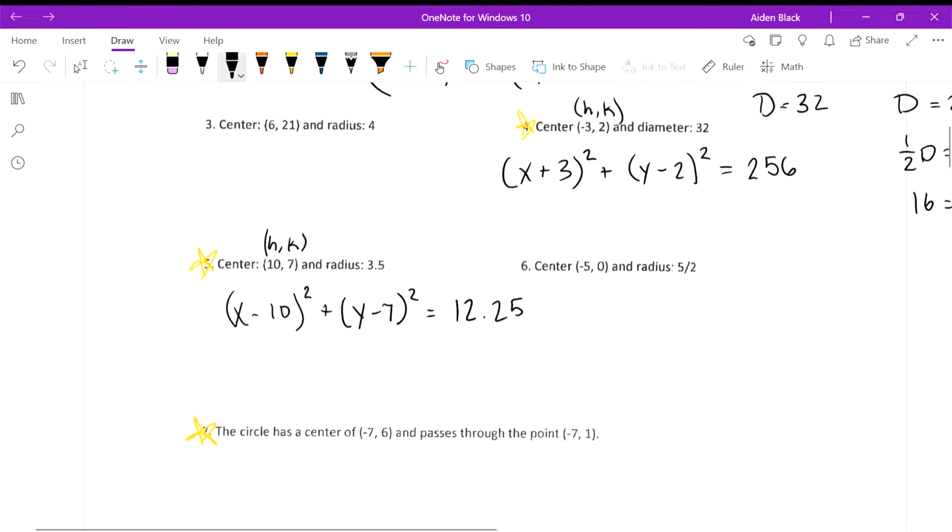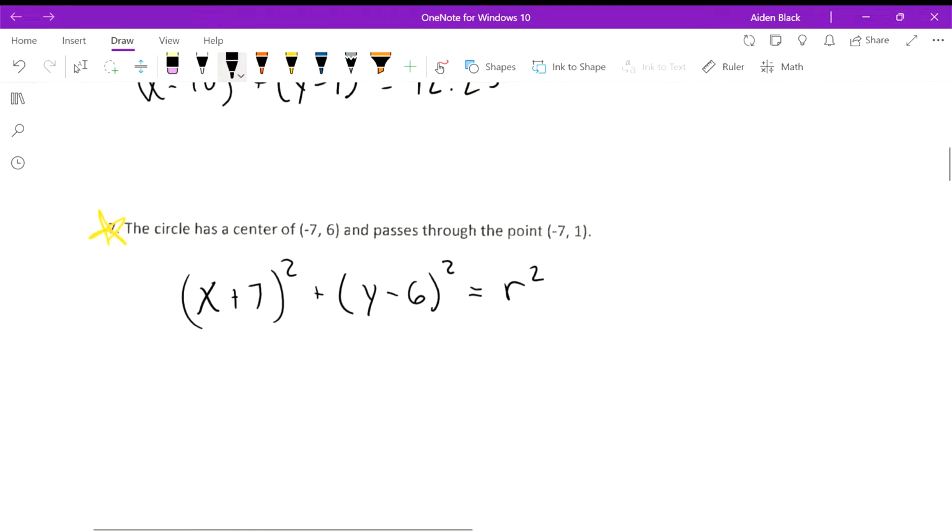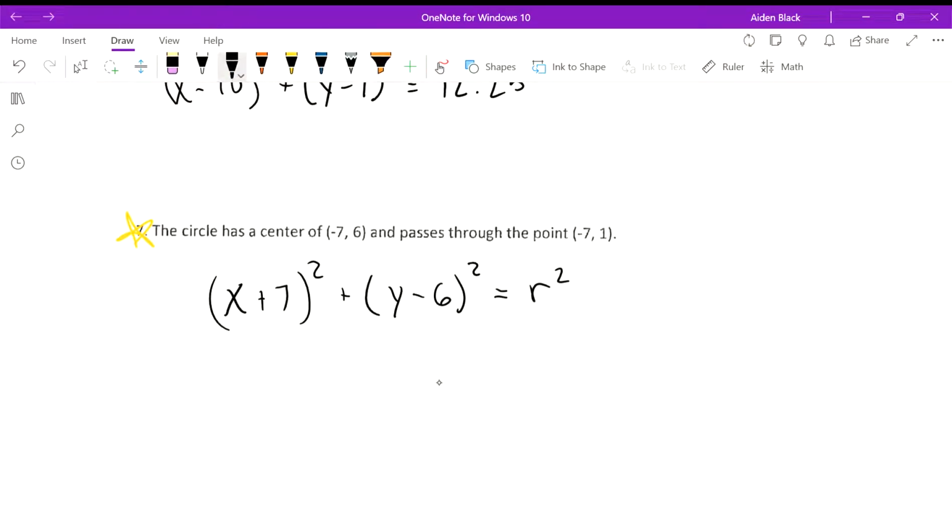Good, so these are those basic questions. This one, we are not given the radius, but we need to write first this side of the equation. And we're setting it equal to r squared because that's the equation of the circle. Now to find r squared, we can plug in this point right here. So negative 7 plus 7 squared plus 1 minus 6 squared equals r squared.